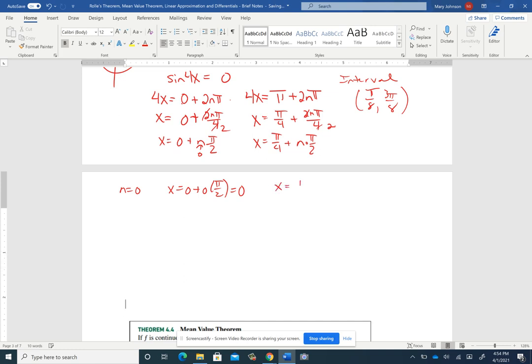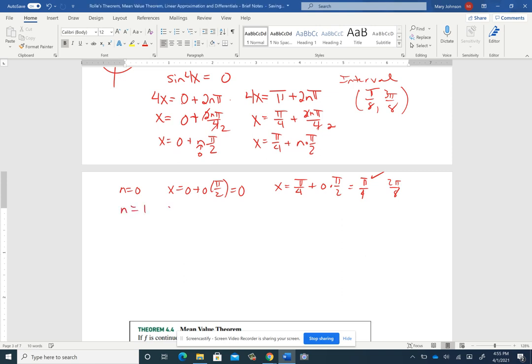So I'm going to go over to this other one and try it. Put in the 0, and we get pi over 4. Pi over 4 actually is in that interval because pi over 4 is the same as 2 pi over 8. So there's 1. Okay, and you just needed to find, it says, if so, find the point or points guaranteed to exist. So we found 1.